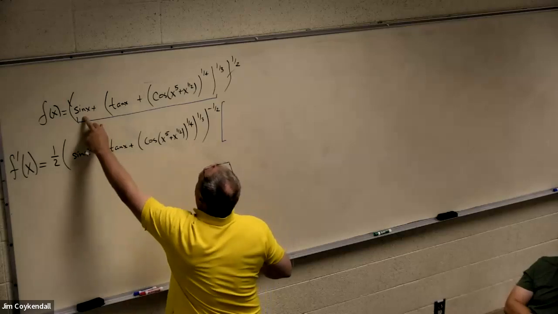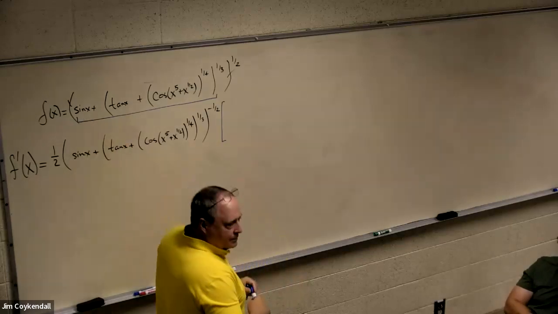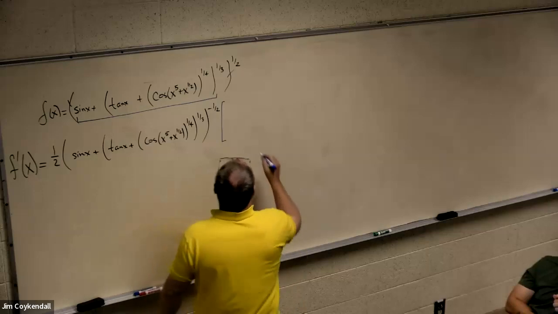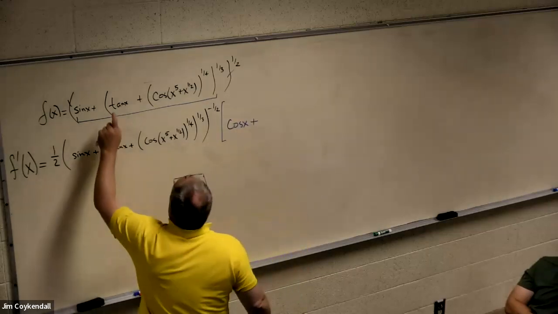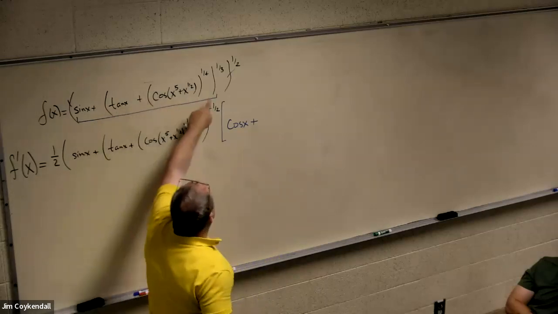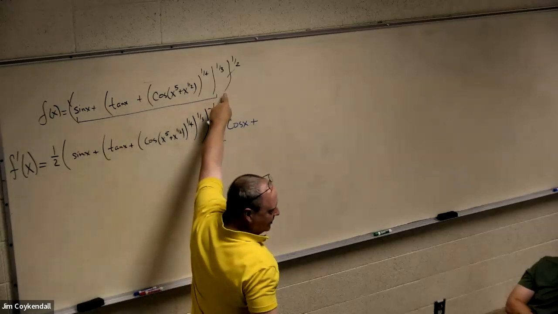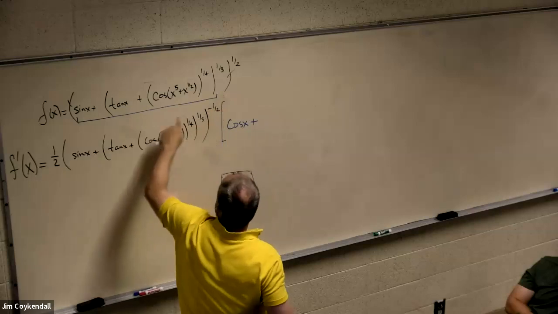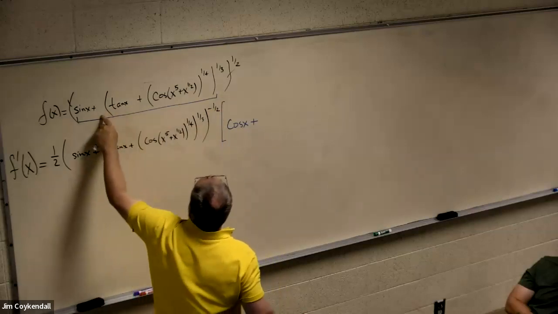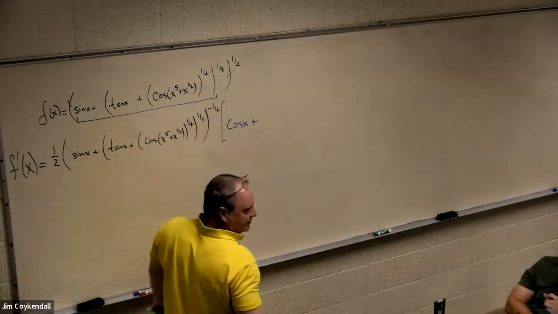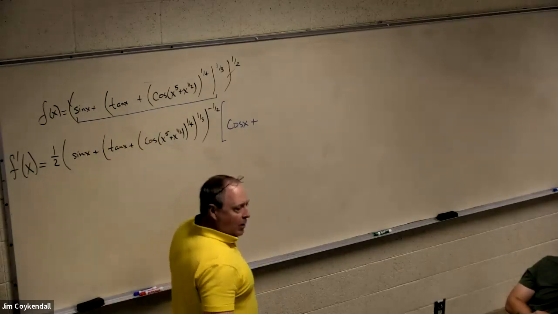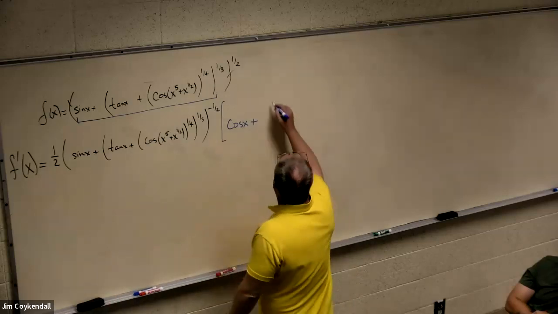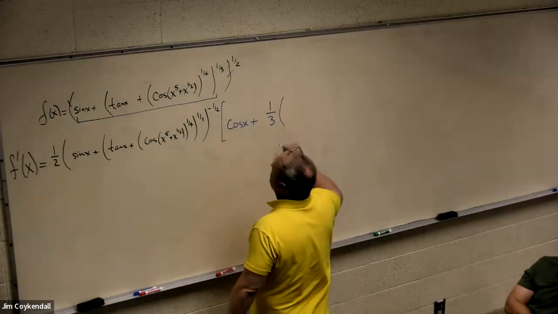The derivative of sine is cosine. That was the easy part. And now I've got to take the derivative of this mess. What's the first thing I come to in this mess here? Right, it's blob to the 1/3. So I should get 1/3.